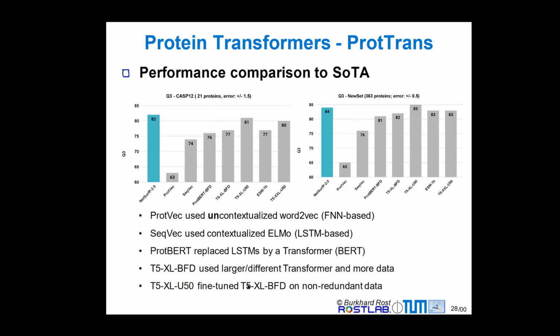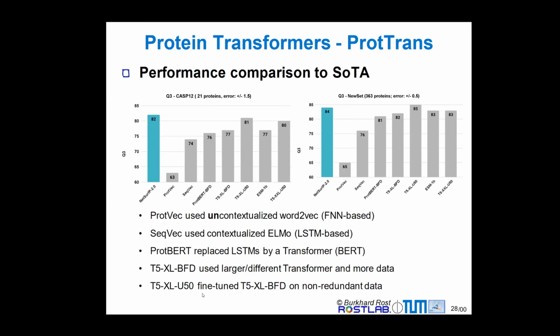And in the last step, we then fine-tuned the T5XL BFD version, so the one that was trained on completely highly redundant data, on UniRef 50. This is what I meant earlier when I said one of the most important biases for us is actually redundancy in databases. So we have extremely large, very similar protein families, and you do not add any, or for most tasks, you do not add much information by just showing the machine learning device protein sequences that are 99% sequence similar.